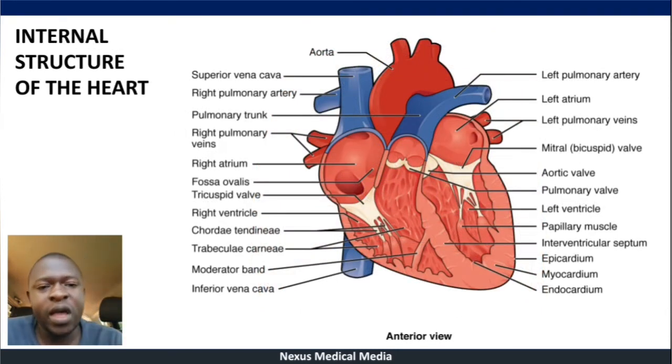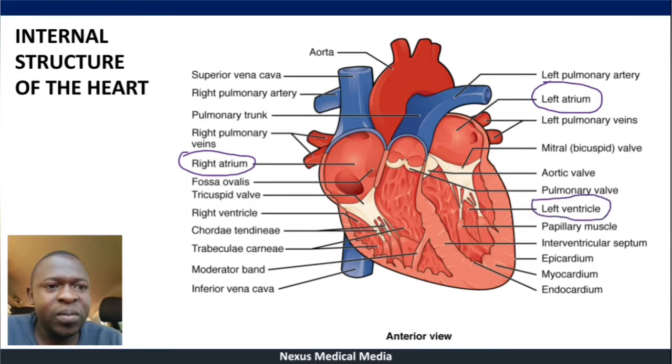So basically, the heart has 4 chambers, 2 atria and 2 ventricles, right? So this is the left atrium. I told you where the left is. This is not right, it's left of your patient. Remember, left atrium, right atrium, left ventricle, right ventricle, right?